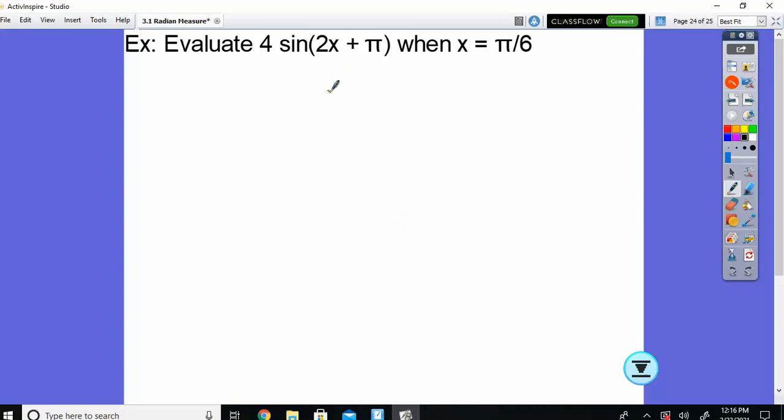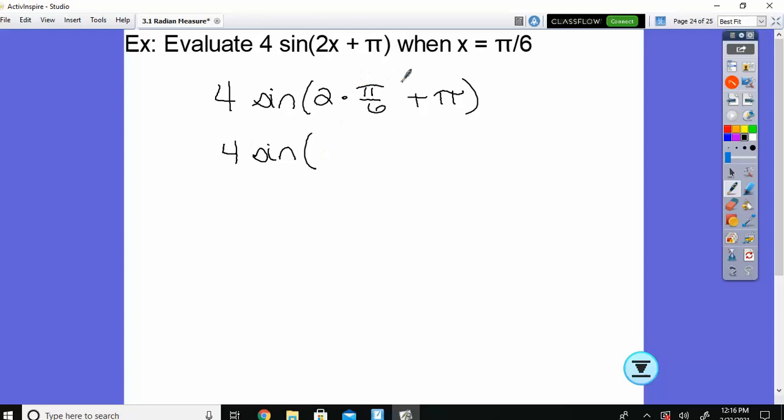Okay, so if we plug in, two times pi over 6 would be pi over 3.